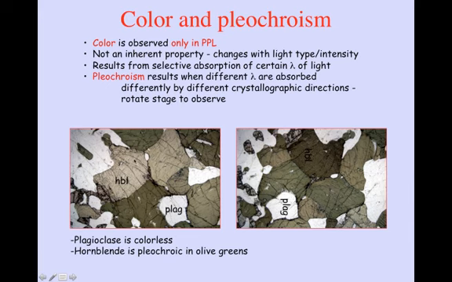The fact that the color changes in intensity is the pleochroism. So you have to, number one, have a mineral that has color first in order that it might be pleochroic. And many minerals that have color aren't pleochroic. So that's an important property to have.